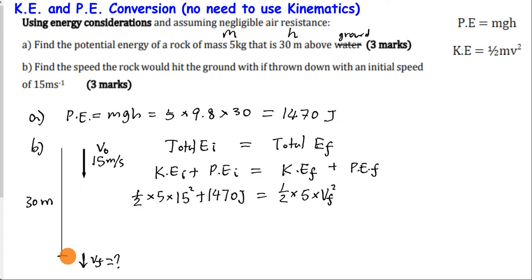If it's hitting the ground, that's a height of 0, so there's no final potential energy left. So once you use the energy consideration to set it up, the only unknown variable in the equation is final velocity. So it's a one-step solution that you can get the answer to this question.